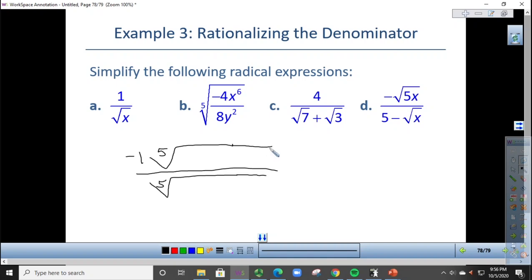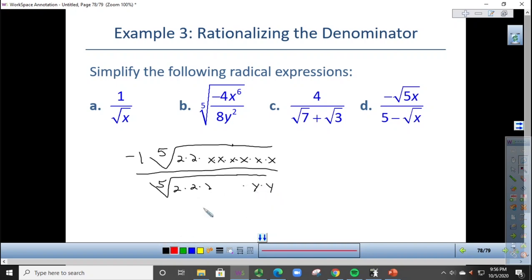And so this is really saying 2 times 2 times x times x times x times x times x times x, right? 6 x's. And then 2 times 2 times 2. And I'm going to just give myself space and you'll see why here in a second. Times y times y.